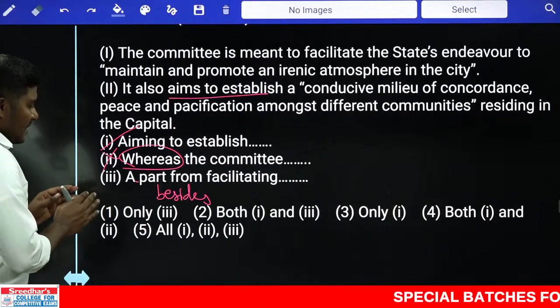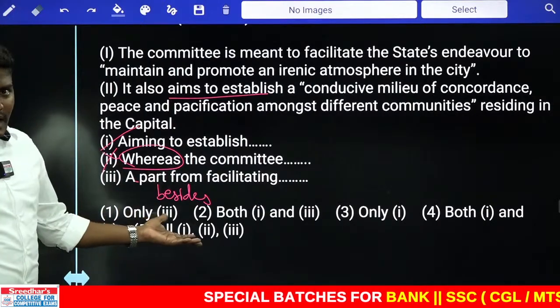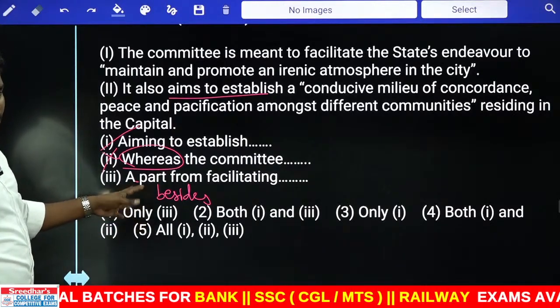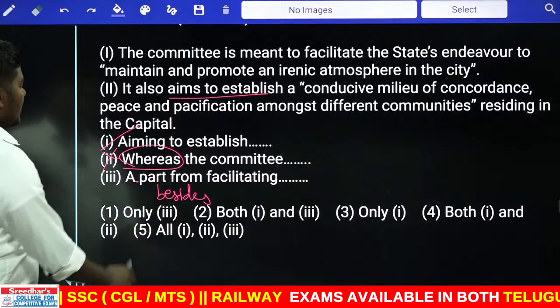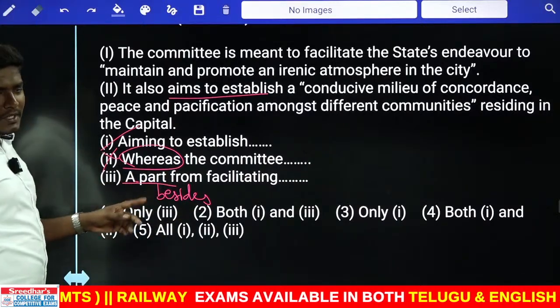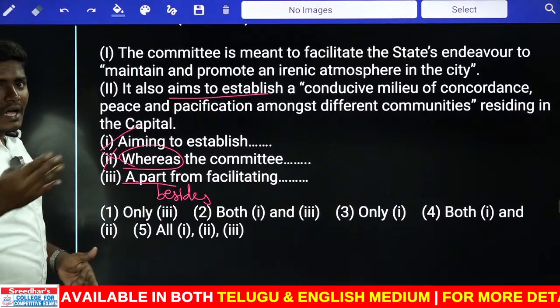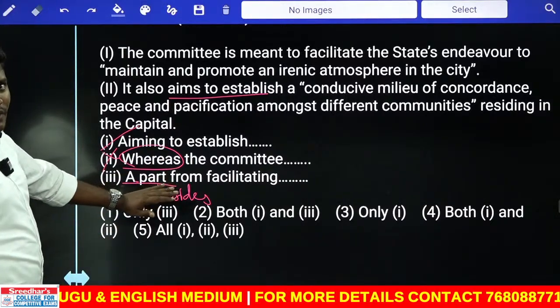But it is given as a part from facilitating. So that may be a typing error also, typo case. I would accept this mistake as a typing mistake. So it is not a part from facilitating, that should be apart from, there should not be any space. But actually there is a lot of difference between a part and apart. Okay, so in this case, you can consider this as the correct one only, no problem.